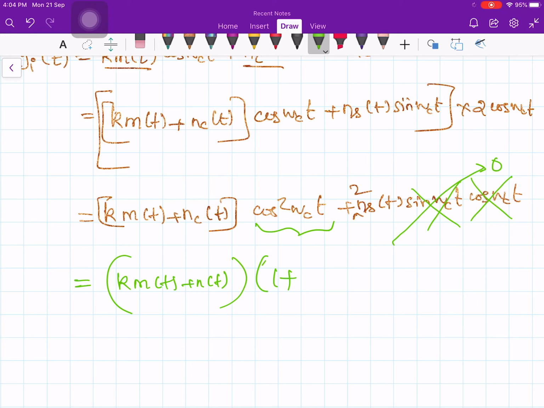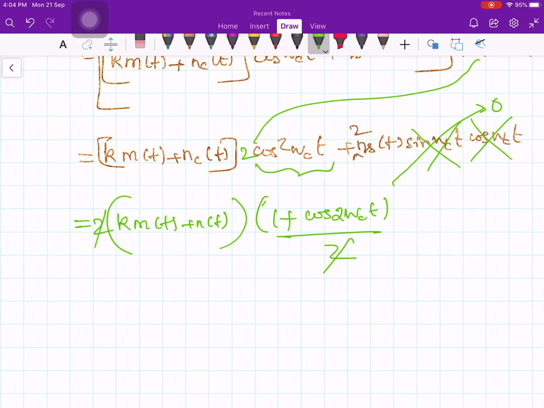That 2 I forgot here, so we put 2 here; this 2 cancels the 2 from the multiplier. You multiply term by term: k times m of t plus nc of t, plus k times m of t plus nc of t multiplied by cos of 2 omega ct.